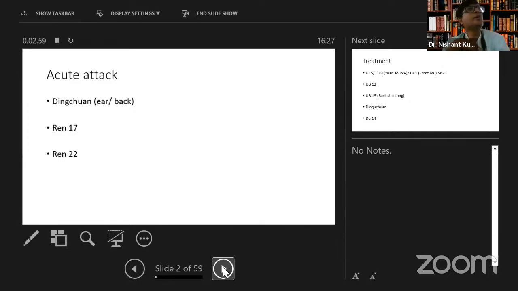The other important point is REN 17 is between the intermammary line on the sternum, and the other point is your REN 22. Where is REN 22? Suprasternal notch. So how do you needle it?